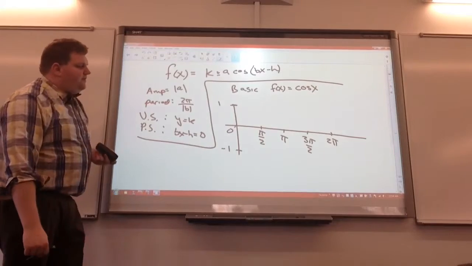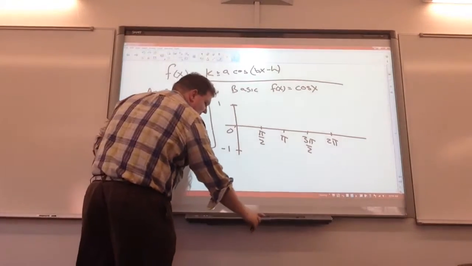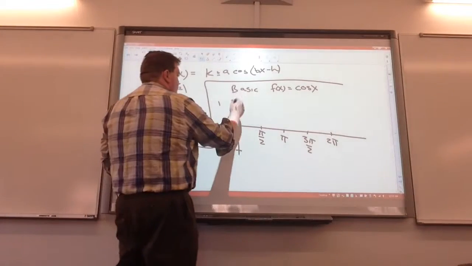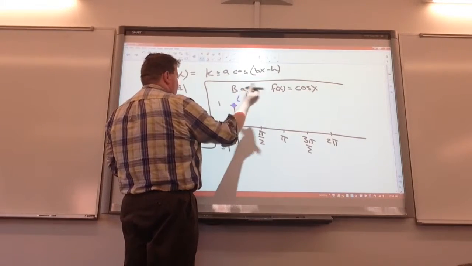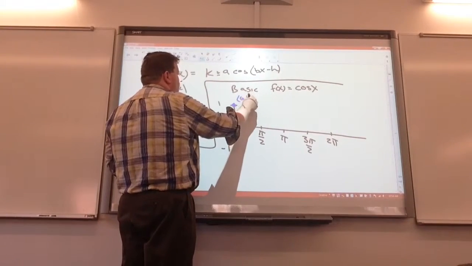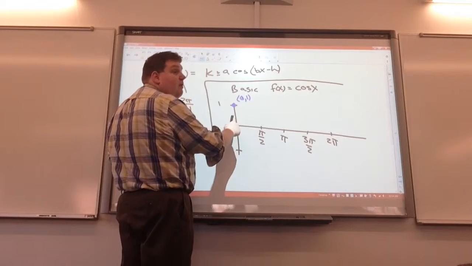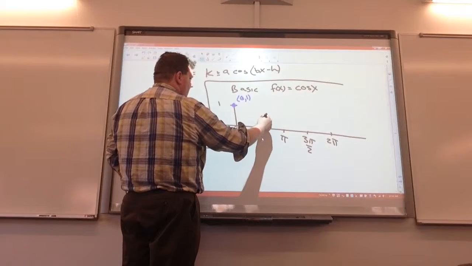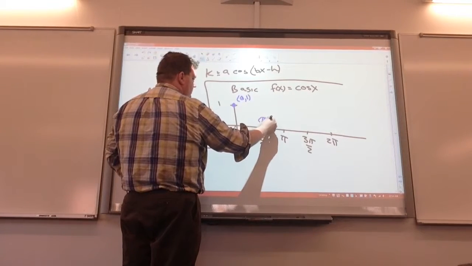All I'm going to be doing is it will have the same wavy shape as the sine graph, except it starts up here at 0, 1, instead of at 0, 0, okay? At pi over 2, it's at 0.